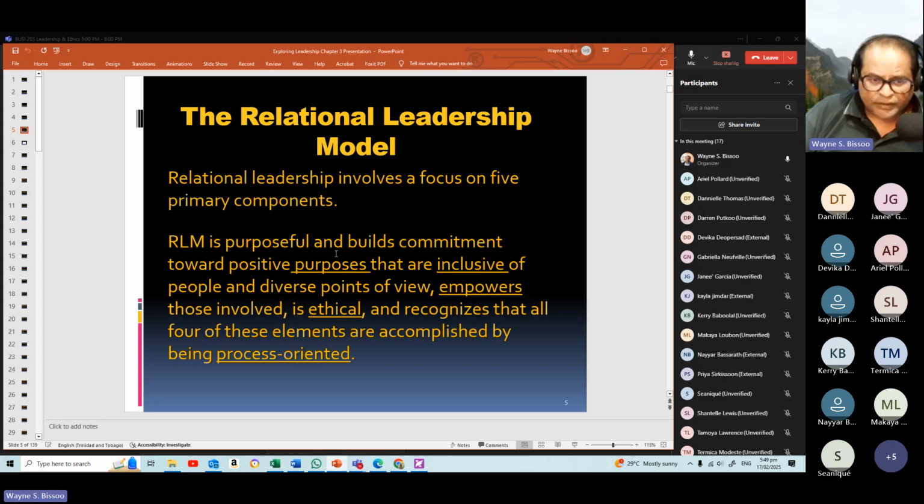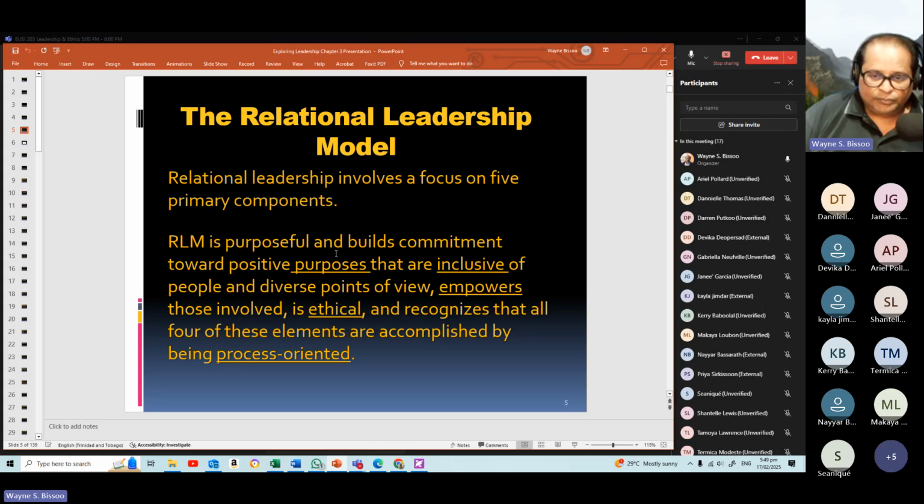The leadership model has five components that guide us through it. We're going to be looking at the purpose or the vision of the organization, the practice of inclusivity, the empowerment of members within the organization, the ethical values that we're going to hold as being the cornerstone or the guiding principles that govern our behavior together and what we do.